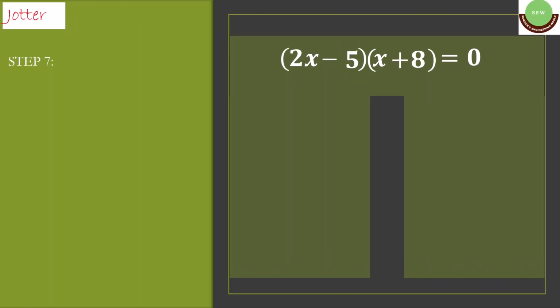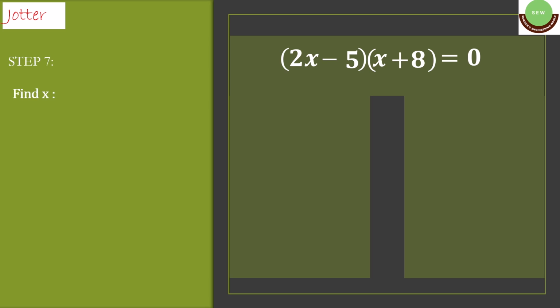Step 7. So we have seen that (2x minus 5)(x plus 8) is equal to 0. This means that for the left hand side to be equal to 0, one of the brackets must be 0. So let us find x.